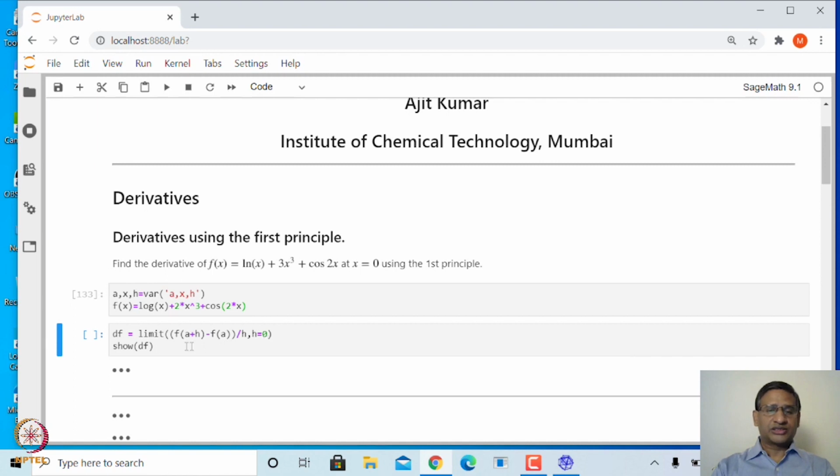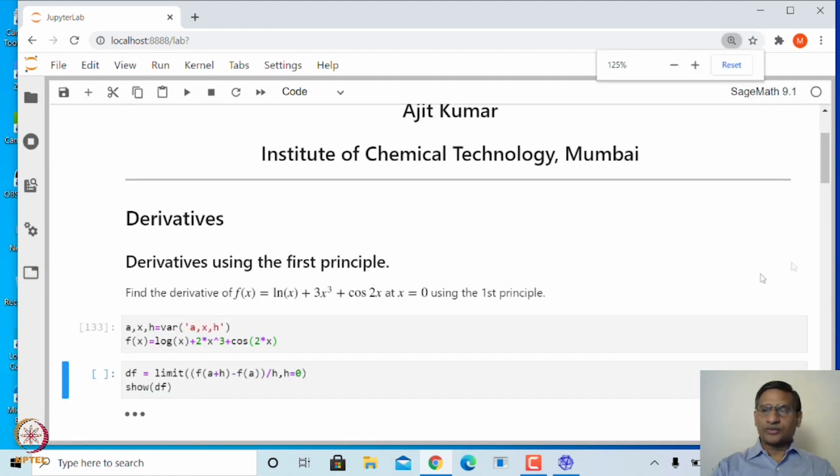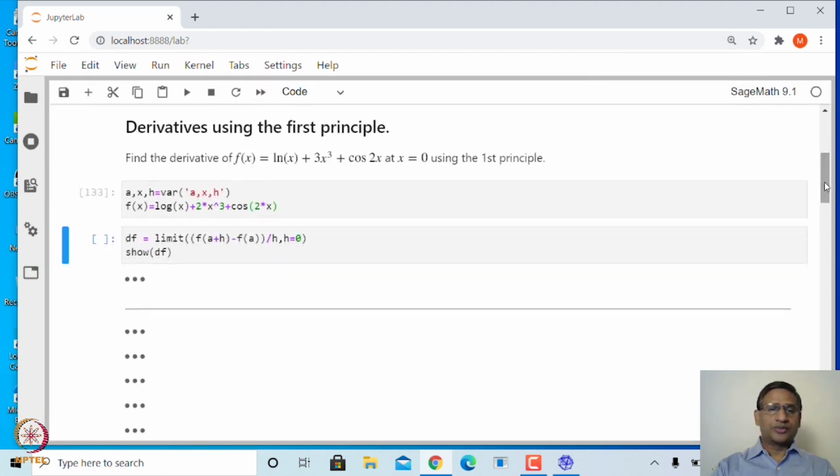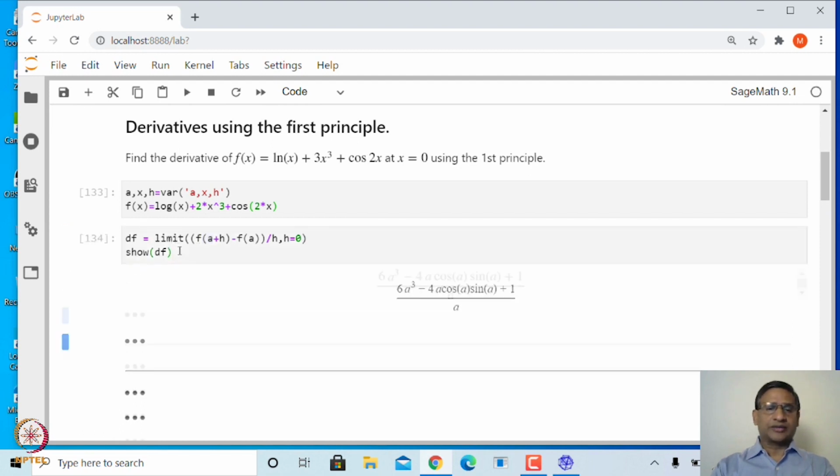Let us take a generic a and look at the limit of this difference quotient, (f(a + h) - f(a)) divided by h, and if that limit exists, then that will be the derivative.